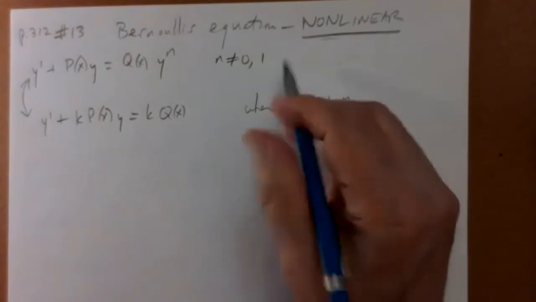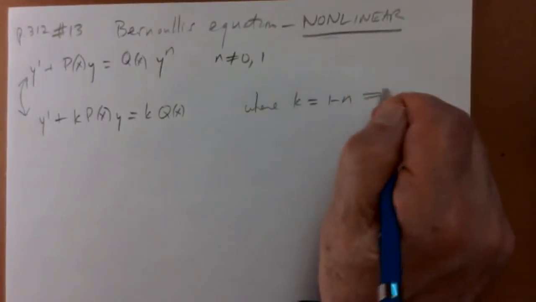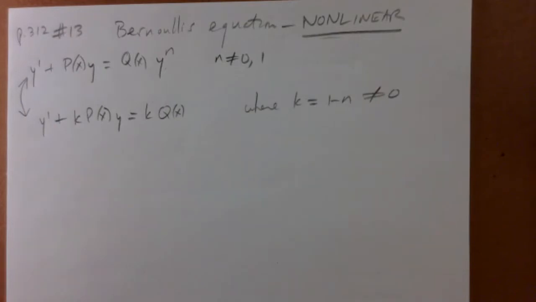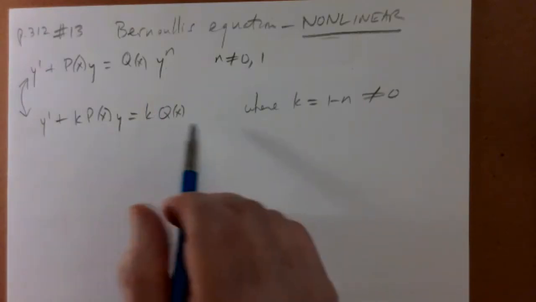And because n is not equal to 1, we know this is a non-zero constant. In fact, we know it's not equal to 0, and it's also not equal to 1. And this equation is linear.